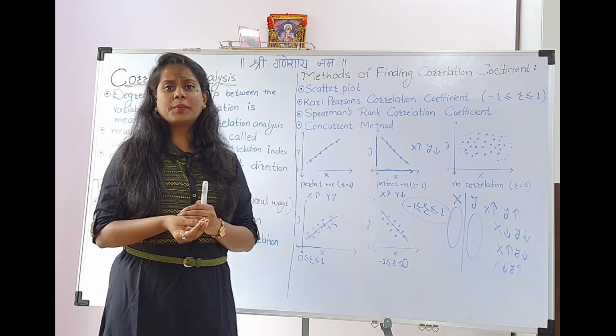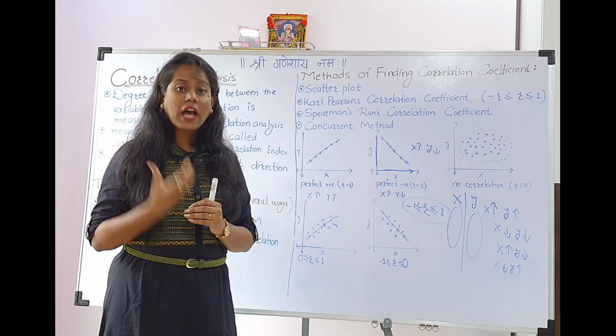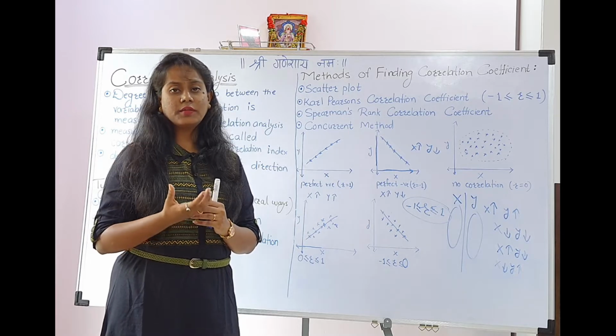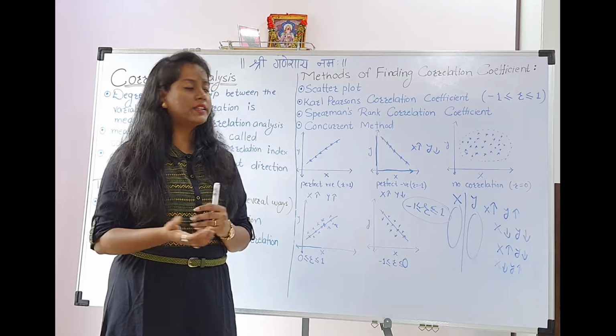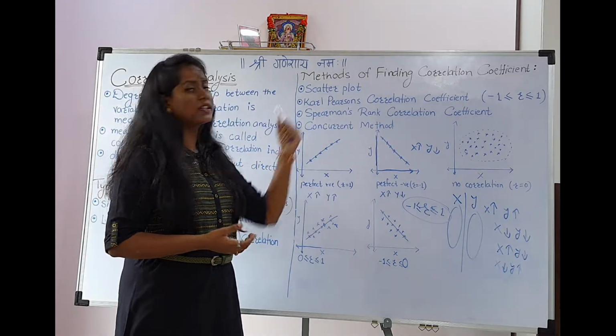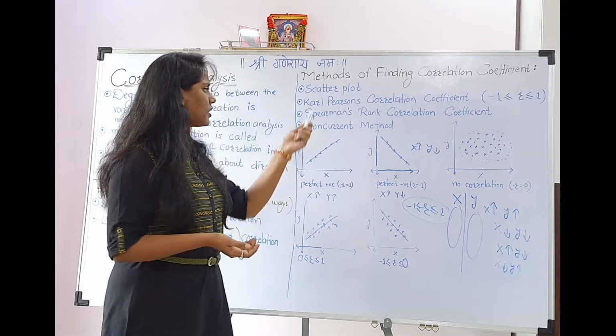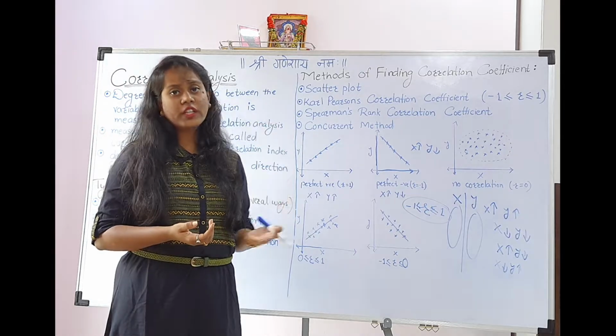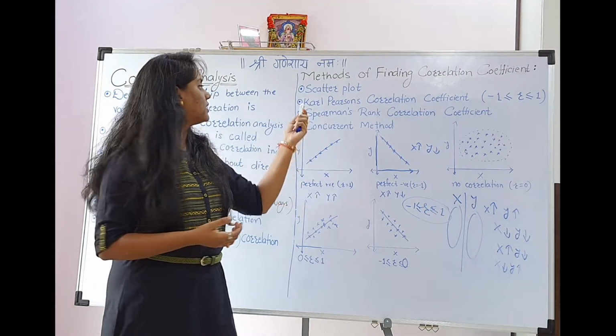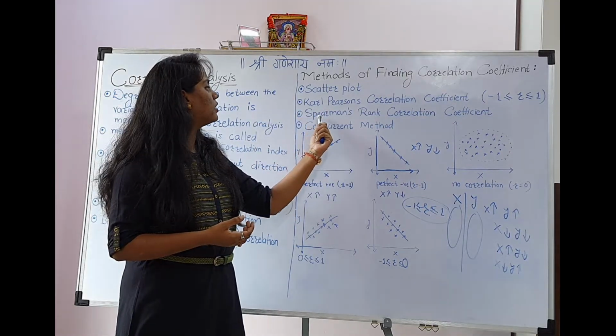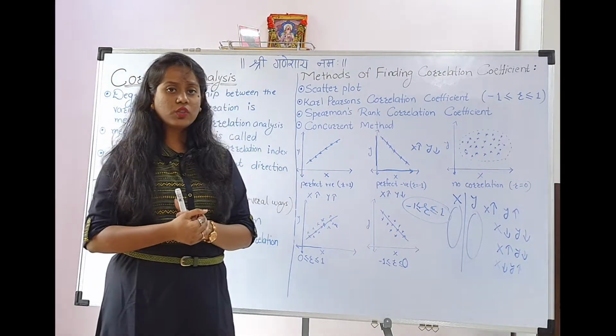Graphical representation is always a starting point, a base step towards anything. All the others are mathematical methods. We can calculate the correlation with either Karl Pearson's or Spearman's rank correlation coefficient.